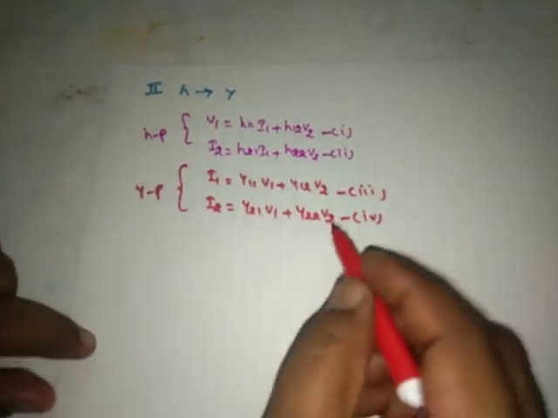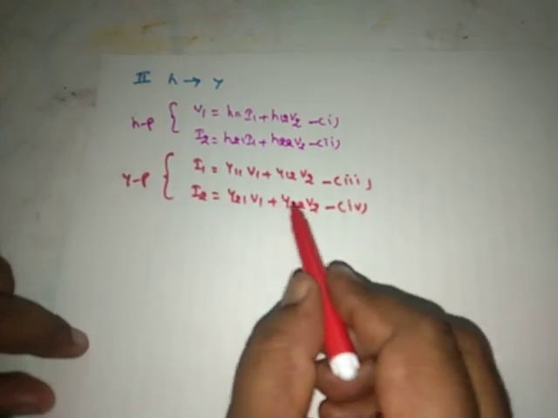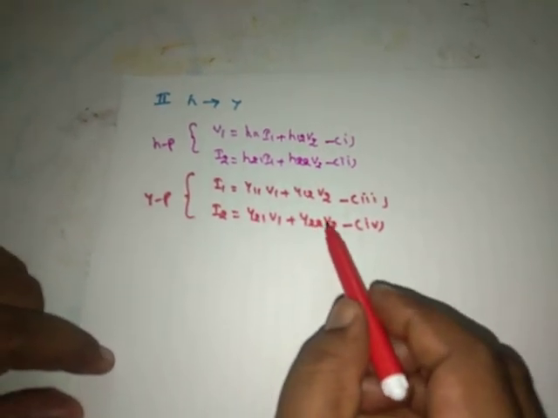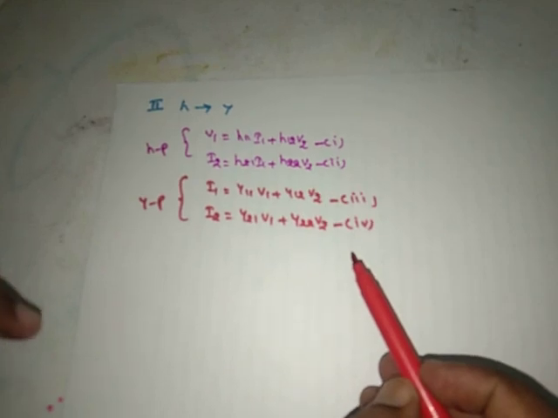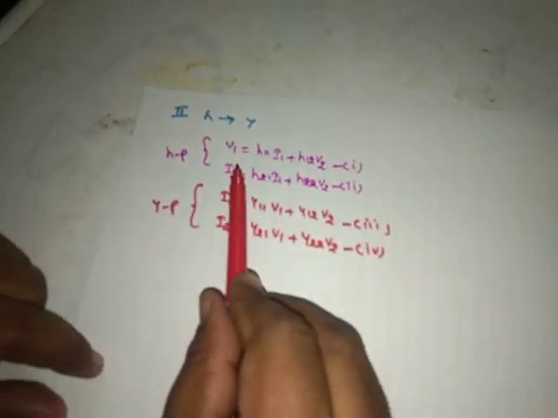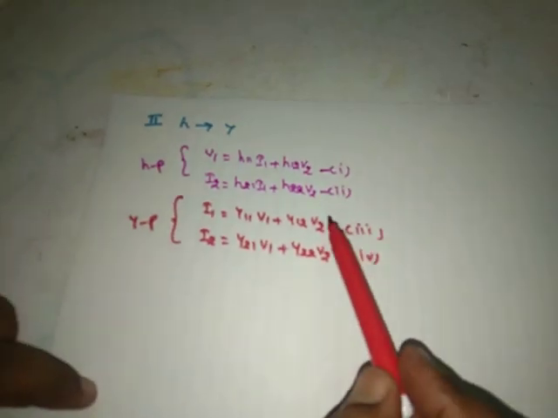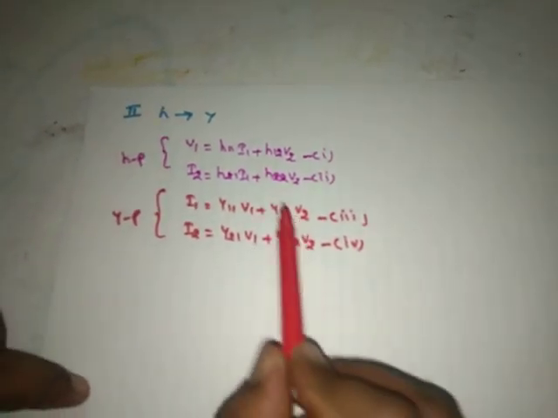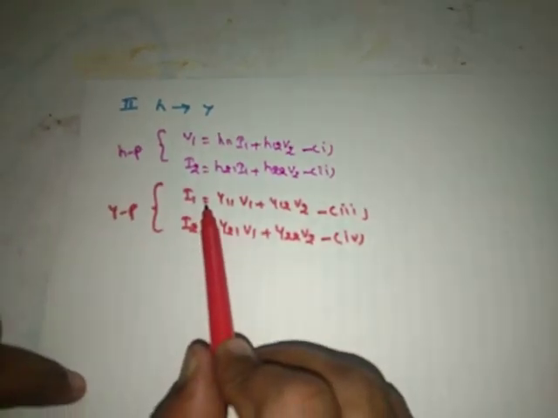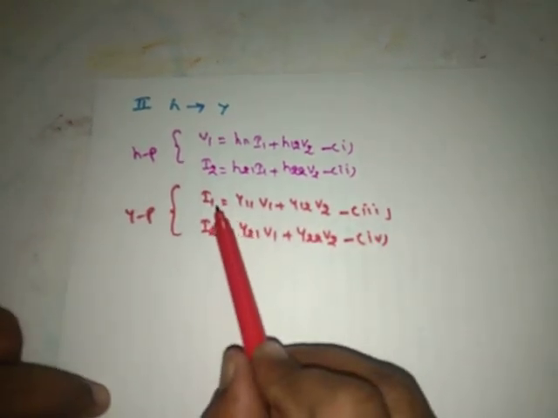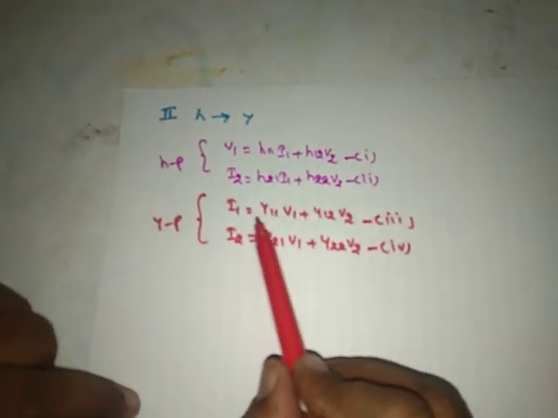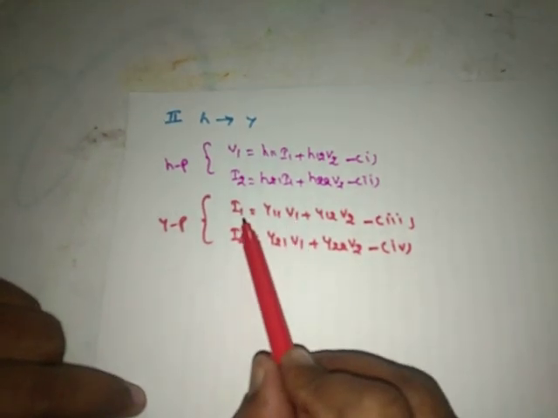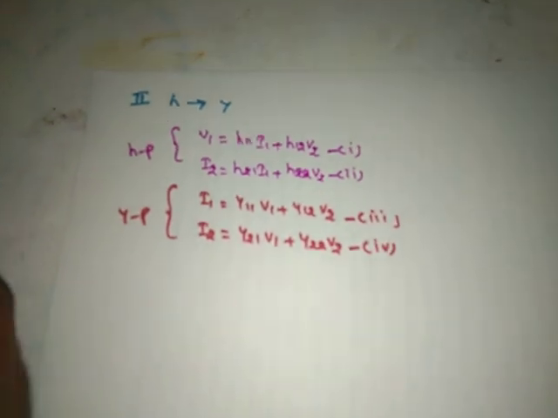Now the procedure is to express the Y parameter basic equations in the form of H parameter basic equations. That is, V1 and I2 are the dependent parameters, right? Here from 4, I2 already depends upon V1 and V2. Here V1 depends on I1 and V2. Okay. Now the procedure is from the third.